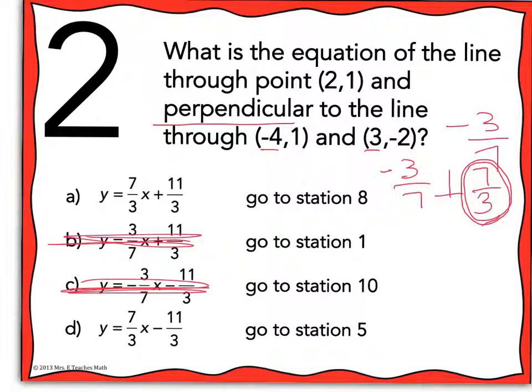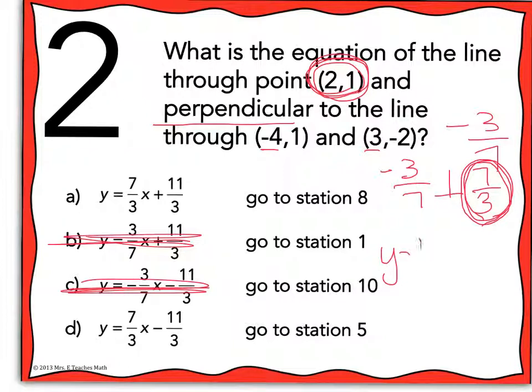Now I just need to see which one of these 2 that I have left is going to go through the point 2, 1. So at this point you can either graph these 2 equations on your calculator and look at the graph, or look at the table to see which one goes through the point 2, 1. Or if you don't have a calculator, you can say, okay, I have a slope and a point, so I can do point slope.